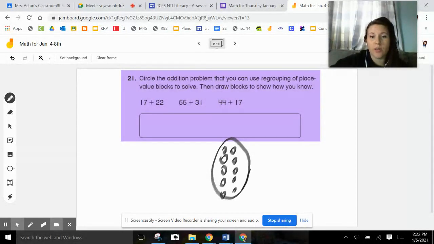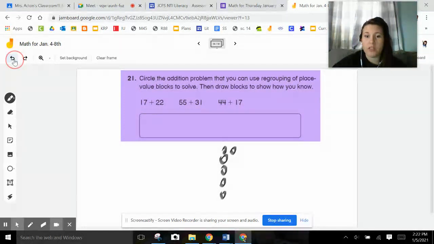So there's your 10 ones right there. You say bye Felicia, and you turn them into a 10 stick. If you have to do that in any equation, you are regrouping. If you do not have to do that because you don't have enough ones to turn them into a 10 stick, then you did not regroup.